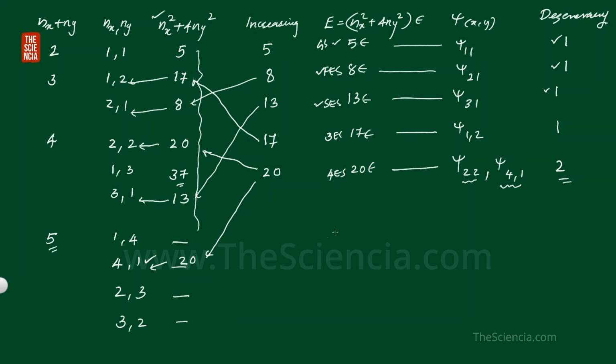So if you write the ground state, first excited state, second, third and fourth excited states in order, the degeneracy is 1, 1, 1, 1, 2. If you find the fifth excited state, you will get its degeneracy. Please find the other terms also. So this is the degeneracy of various states for a box whose length Ly is equal to Lx by 2.